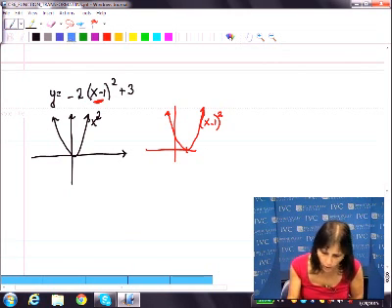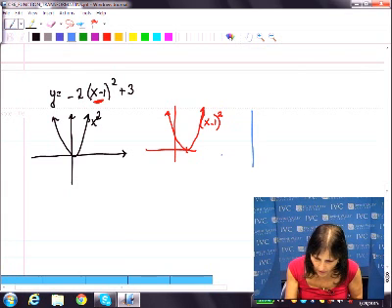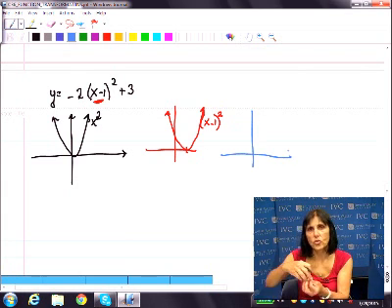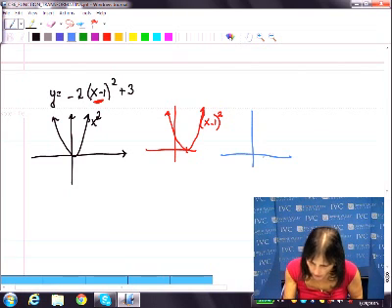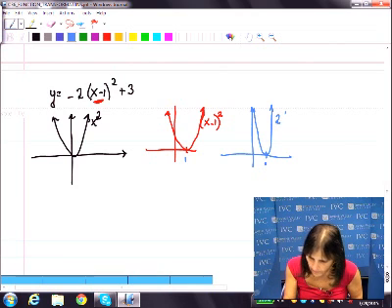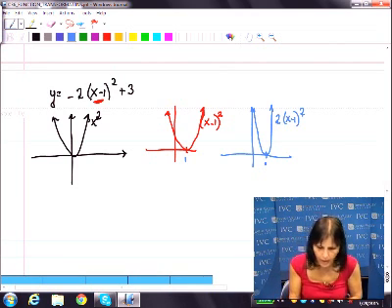Well, now let's take this and multiply by 2. What does it do? Stretch. But it will stay at 1, right? And make it stretch. This is 2 times x minus 1 squared. Okay?